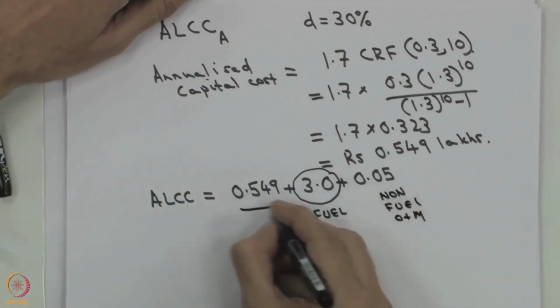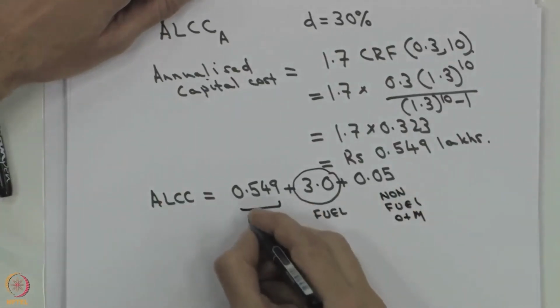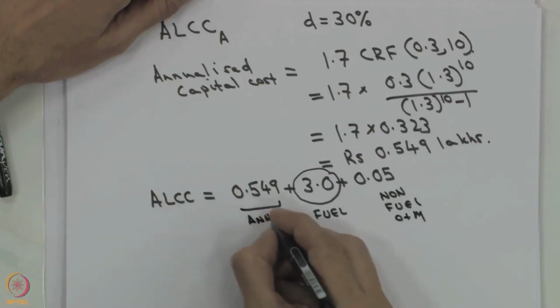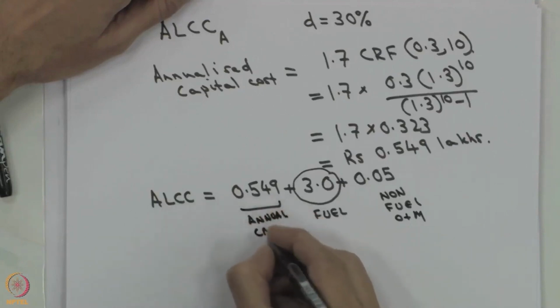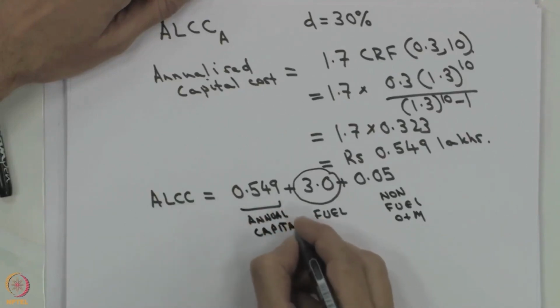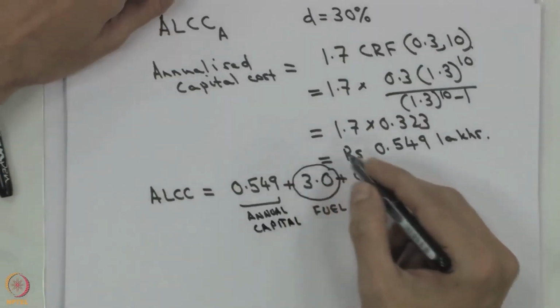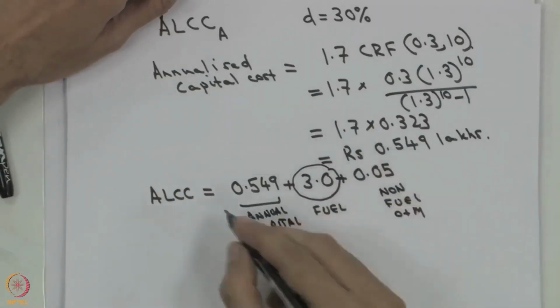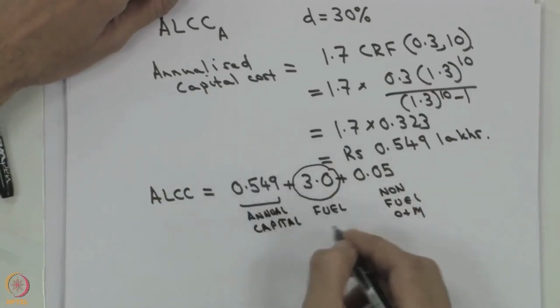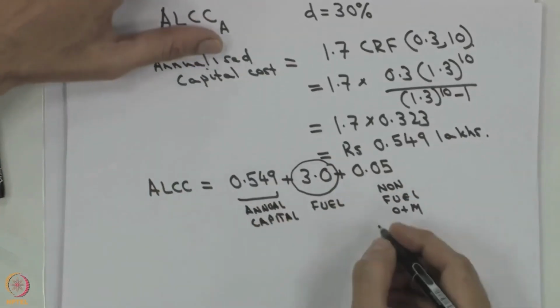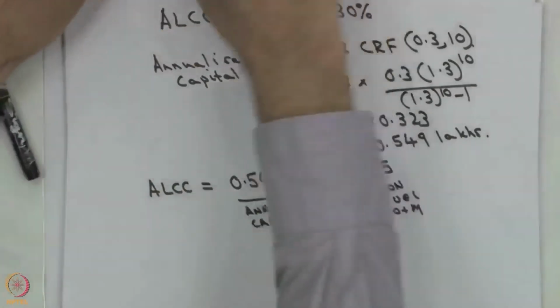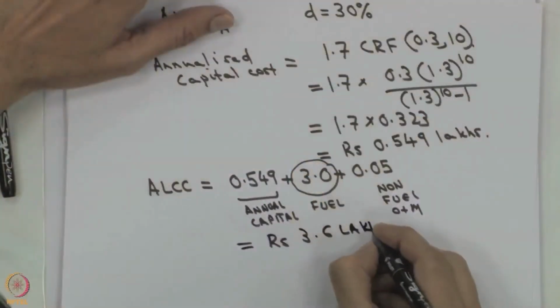In the case of the diesel engine, it is the diesel fuel cost which is predominating, the capital is relatively low, and overall the total cost we are looking at is 3.6 lakhs. This is the annualized life cycle cost.